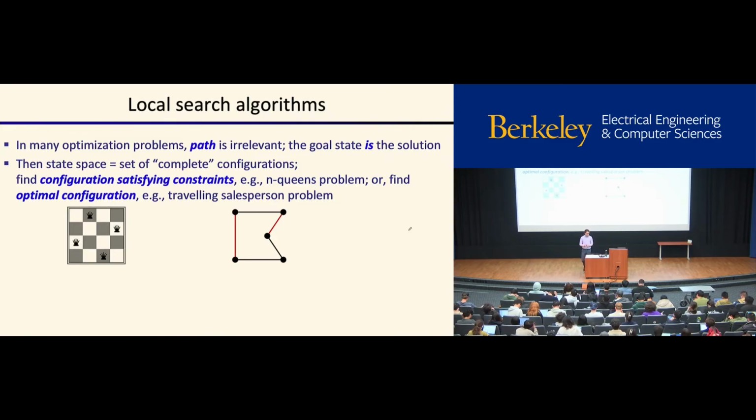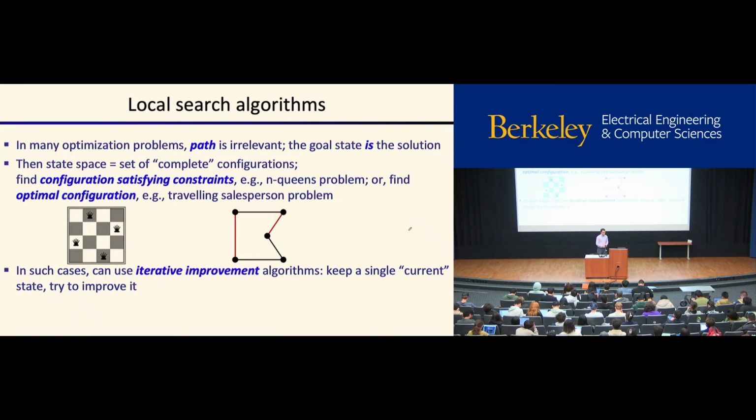Once we have our path, we're good. So in such cases, we don't have to worry about all of the nodes in our frontier. It's a very simple algorithm. We just keep track of one state, the current state, and then try to improve that state.